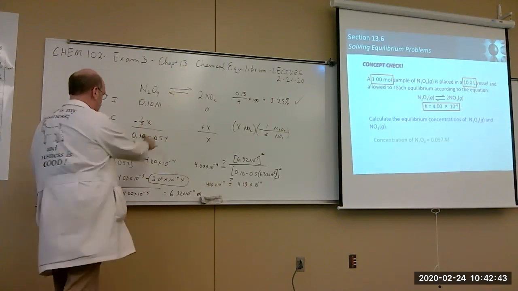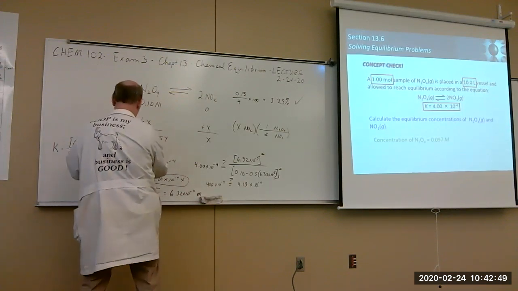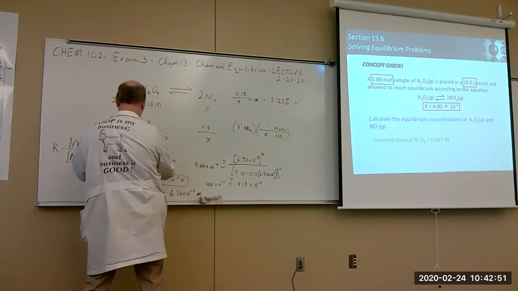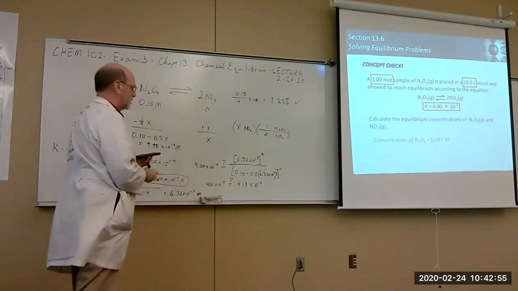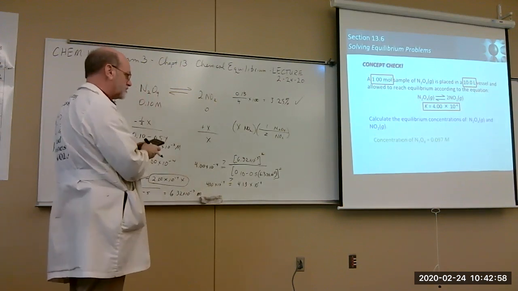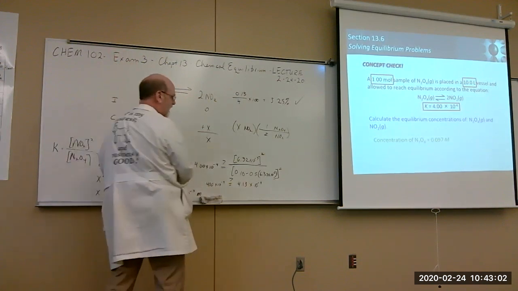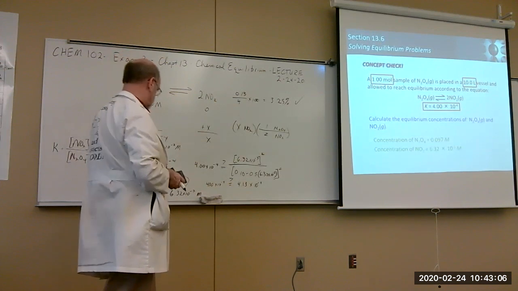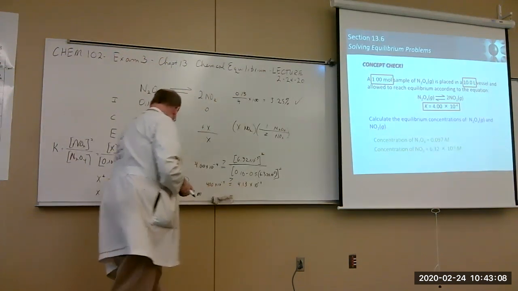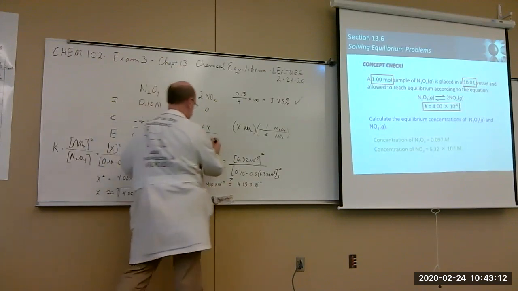And then that's subtracted from 0.1, would be 9.98 times 10 to the minus 2 more. Close. And then this one would be the X value, 6.32. This is X. Would be that.